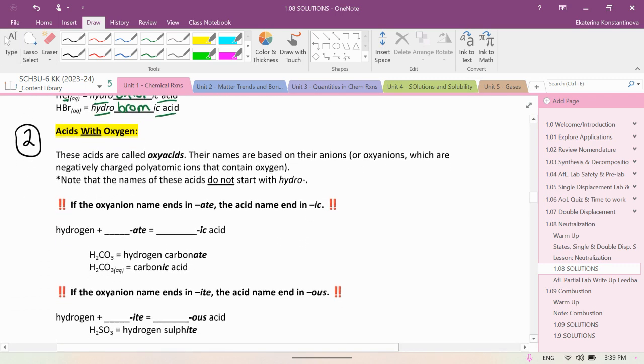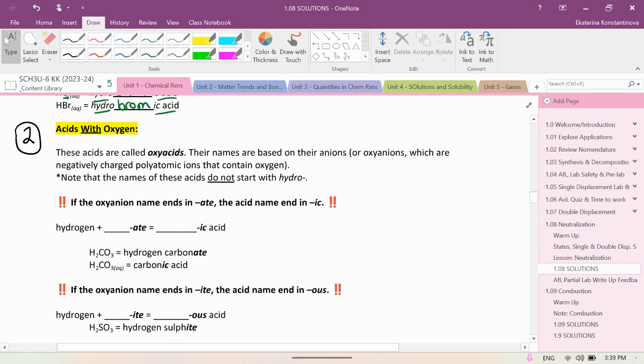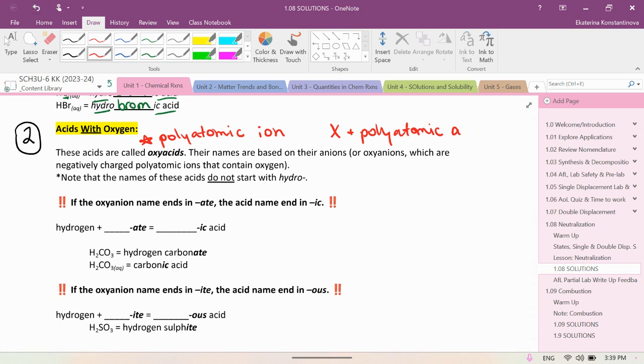Now, the second step for naming acids is to recognize if I have an acid with oxygen. So here's where you're looking: do I have any polyatomic ions present? It's going to be H plus some sort of polyatomic ion, because most polyatomic ions contain oxygen, okay?